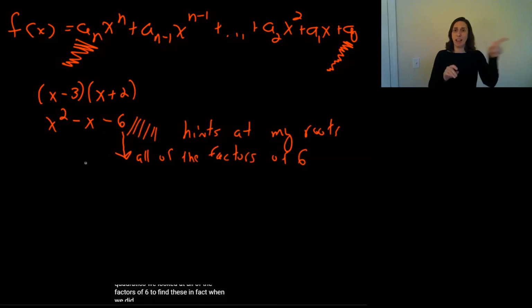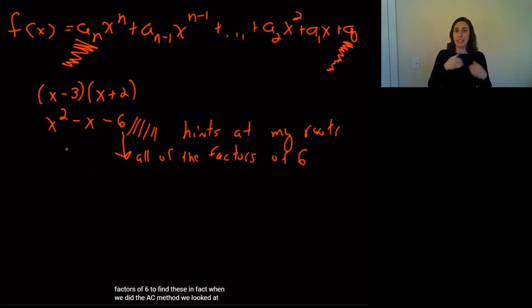In fact, when we did the AC method, we looked at the leading coefficient and the constant to find the factors. And that actually holds through all polynomials. When I multiply more and more numbers, that trailing coefficient is related to the roots that came through it.